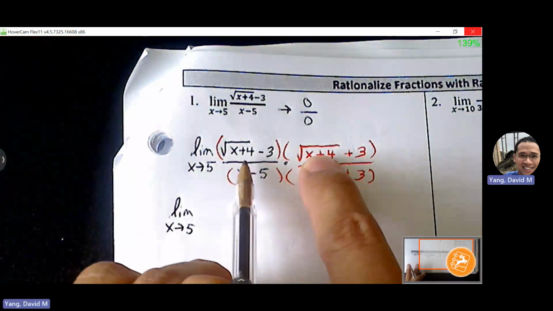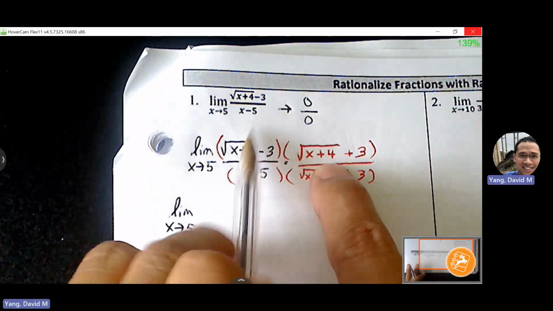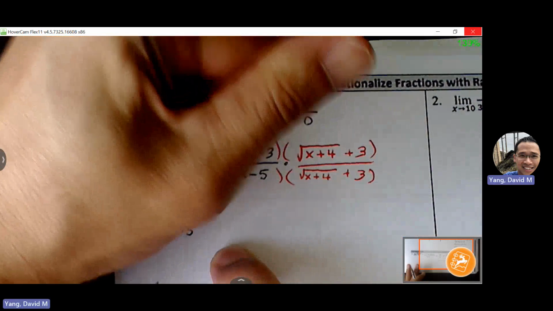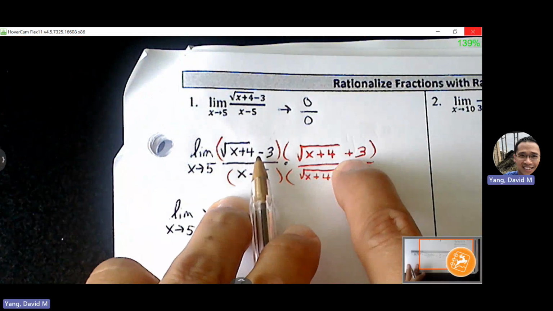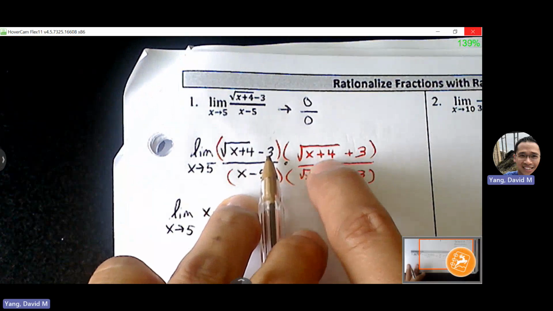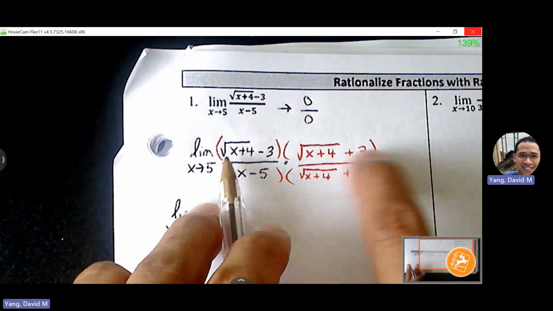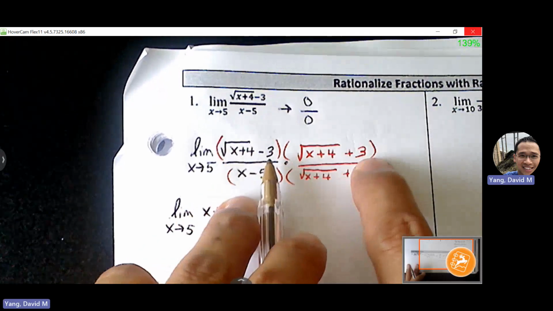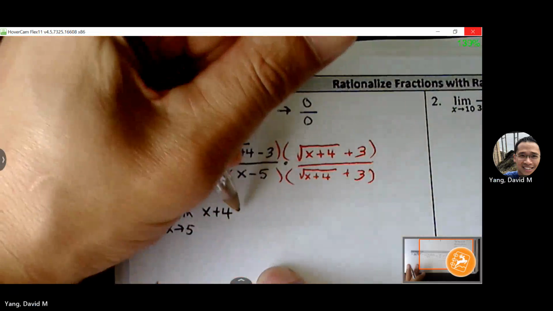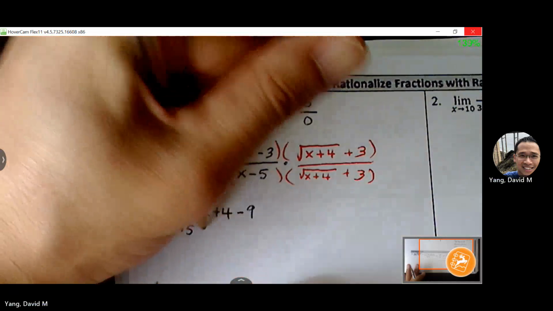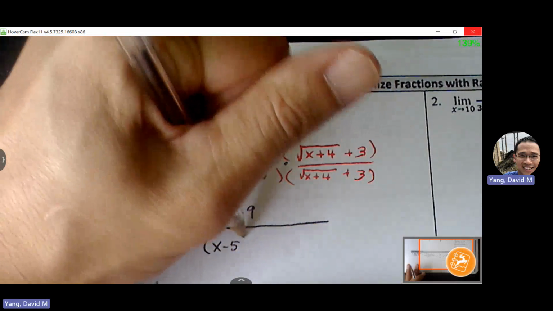Okay, so I'm going to FOIL this out. Root x plus 4 times root x plus 4 is equal to just what? X plus 4. The nice thing about these minus and plus is that the middle terms will drop out. So -3 root x plus 4 plus 3 root x plus 4 will just nicely go away. That will 0 out. We only have to worry about these last two terms here. -3 times 3 is -9. Leave the denominator in factored form.